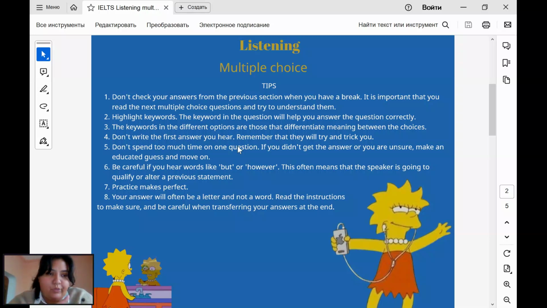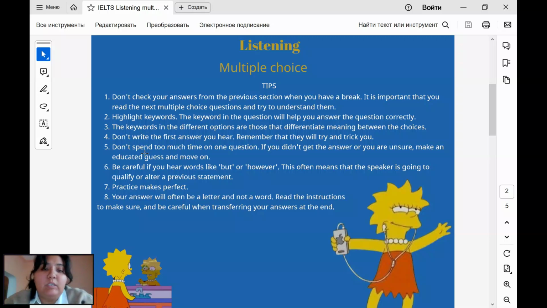If you think that the right answer for this question is A, tick it, but do not choose it until the end.